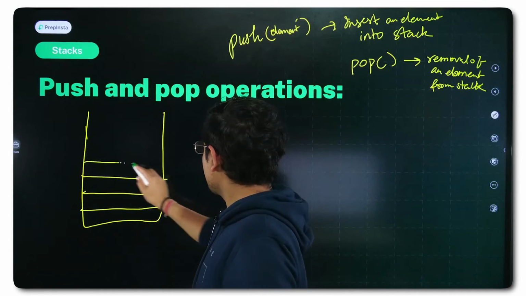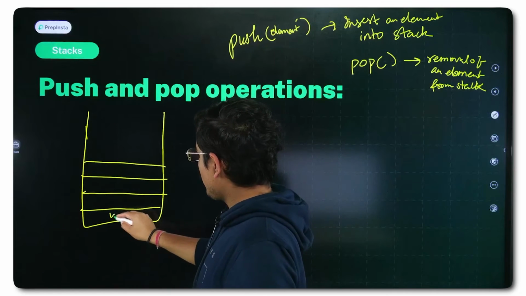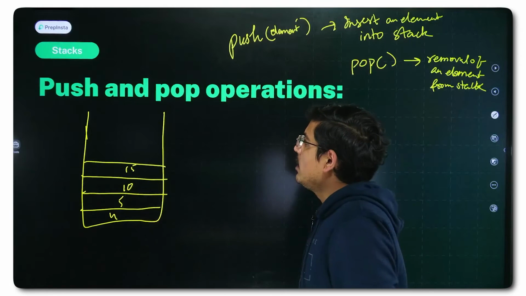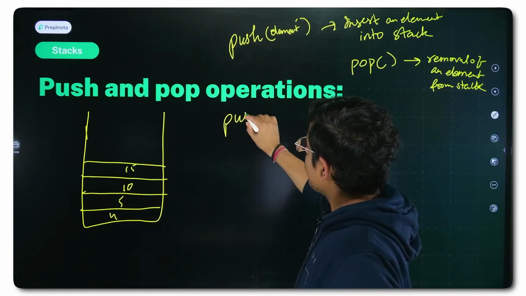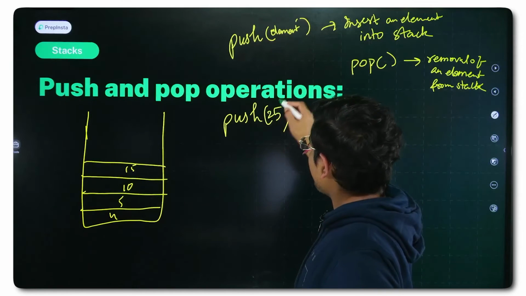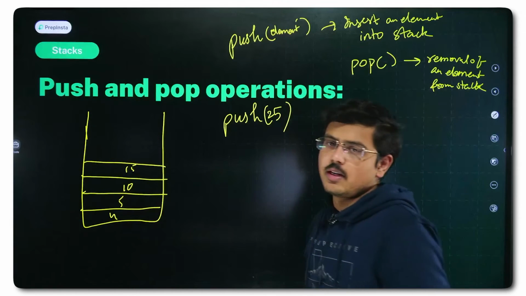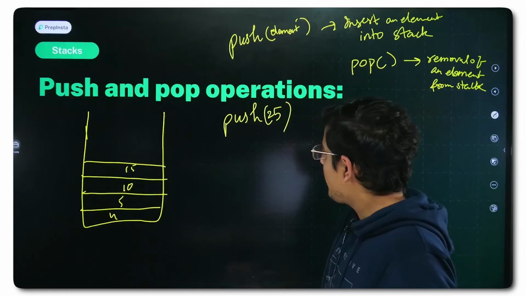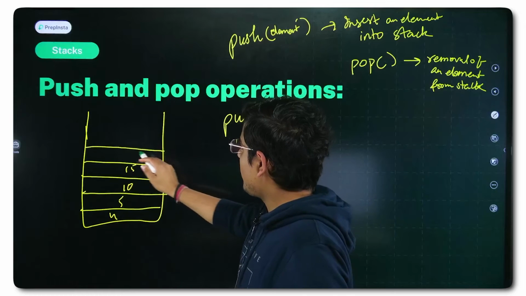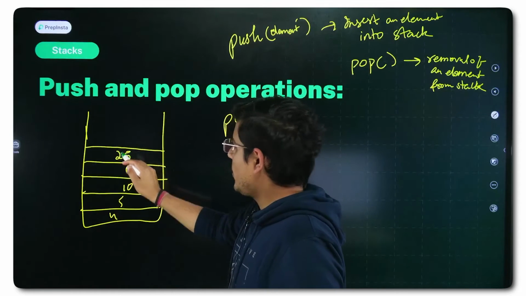Say you have these 4, 5, 10, 15. These are the elements in the stack. Now if I say push 25, so what will happen? You put an element here, fine. On the top of it, another element comes, 25.